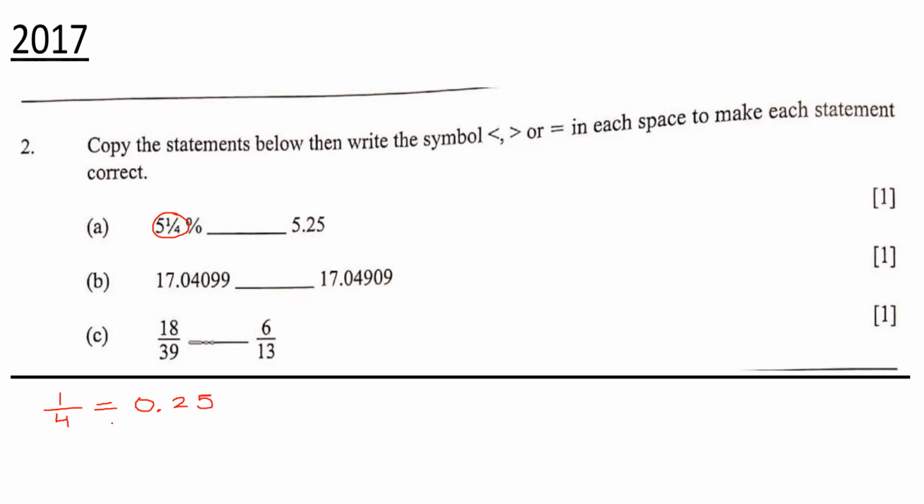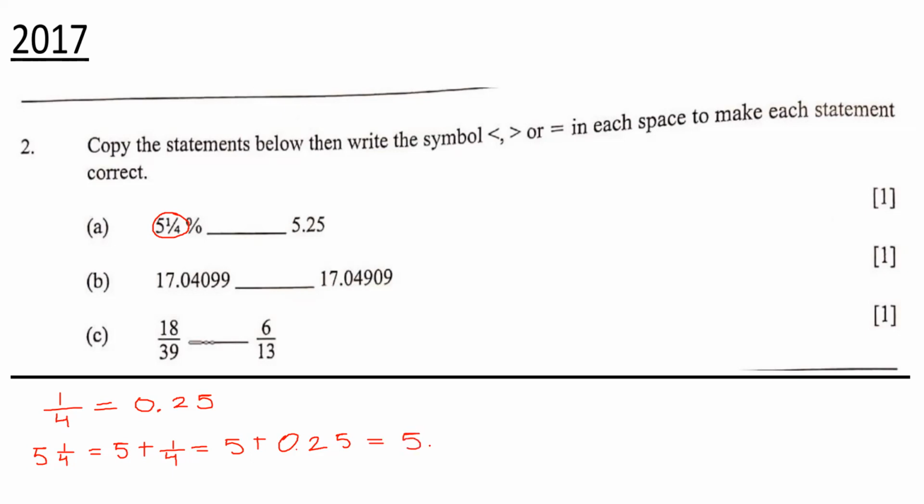And then 5 and 1 over 4 is just going to be equal to 5 plus 1 over 4. Now, what is 1 over 4? Well, 1 over 4 is 0.25. So it's basically equal to 5 plus 0.25, and it's going to be equal to 5.25.